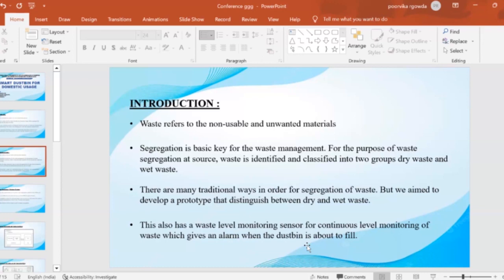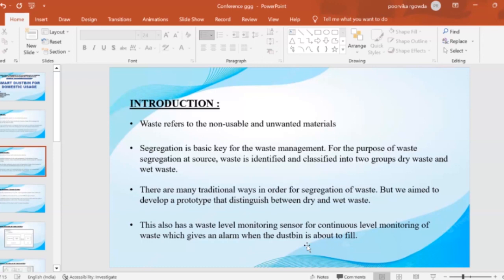For the purpose of waste segregation at the source, waste is identified and classified into two groups, that is dry and wet waste. If this waste is not segregated, or if it is left as it is, then the food can be contaminated and it can damage the ecosystem, and there will also be hazardous diseases which can affect human health.